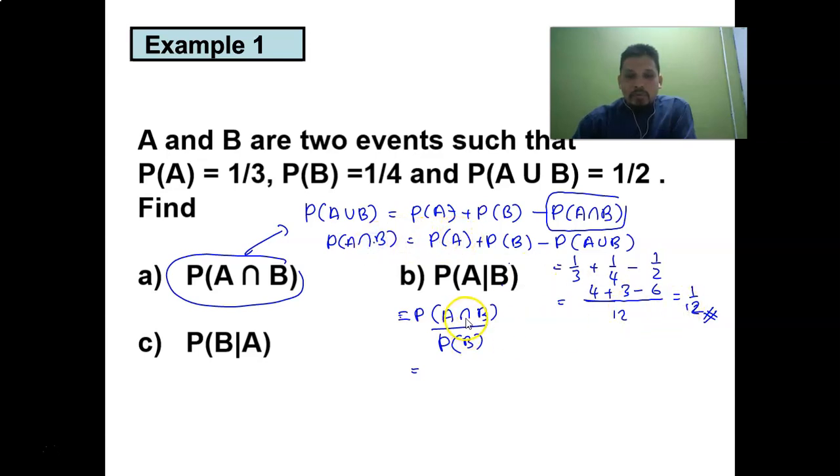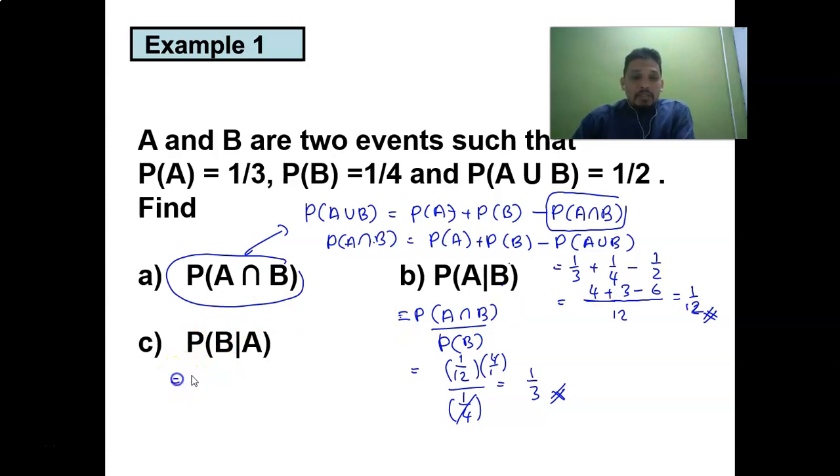So then probability of A intersect B is 1 over 12 divided by probability of B, 1 over 4. Okay, so bring this here, become 4 over 1. So 4 divided by 12 equal to 1 over 3.